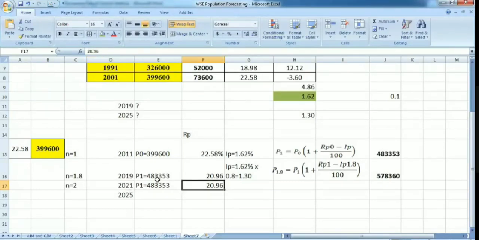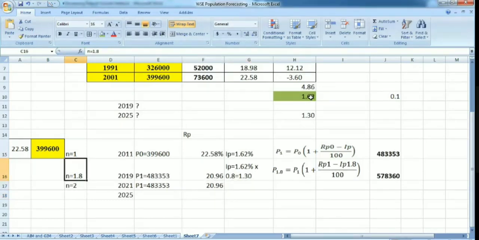That means for the previous decade, what was the percentage growth? Then I need to consider 22.58 minus 1.62. Am I correct? So I'll get it as 20.96.